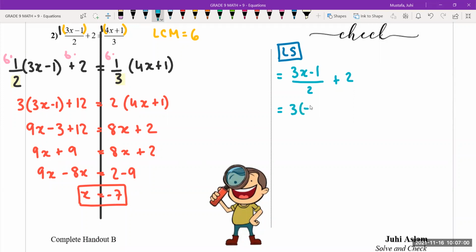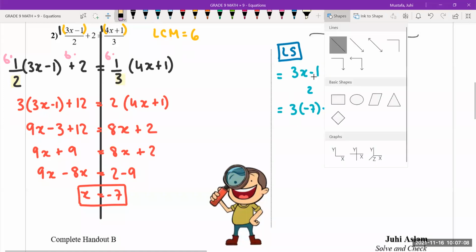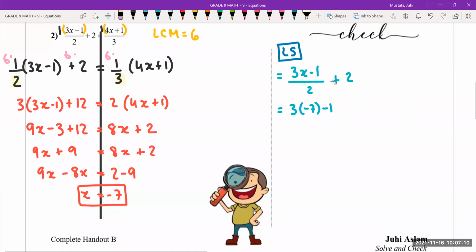So we have 3 times -7 minus 1, over 2 plus 2. And again, this is just like algebra work, right? What's 3 times -7?